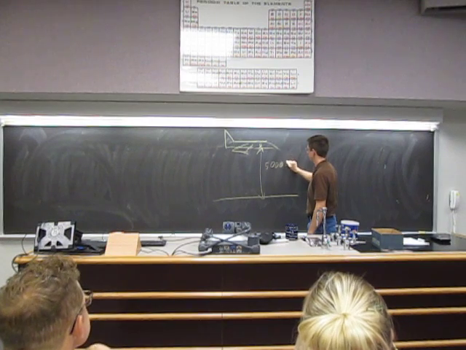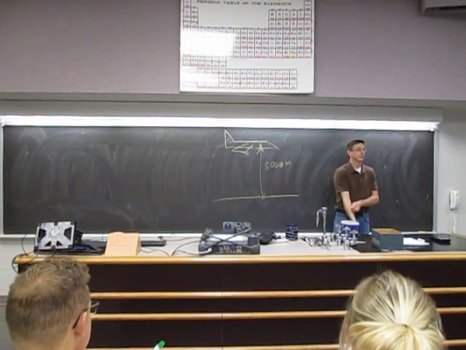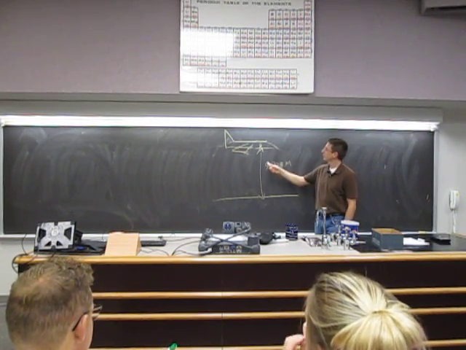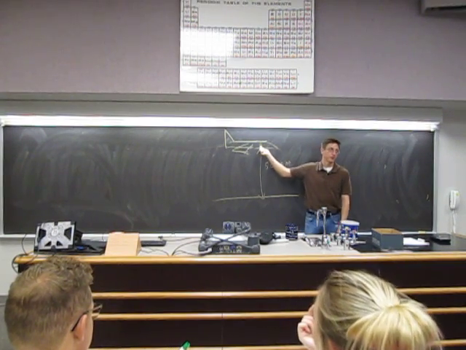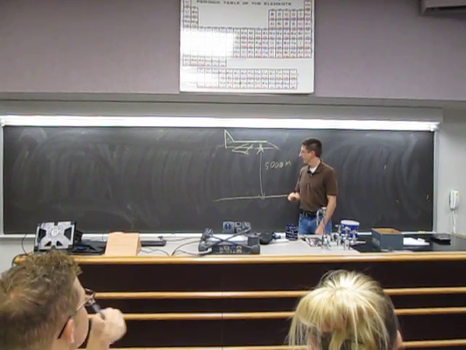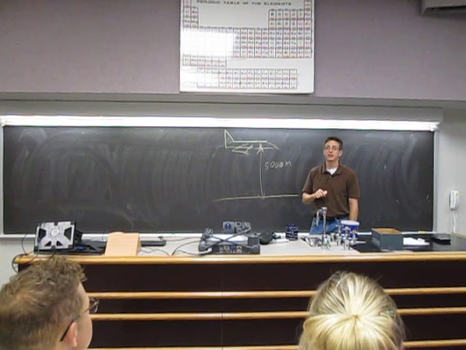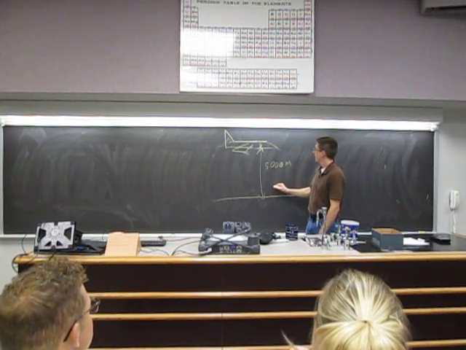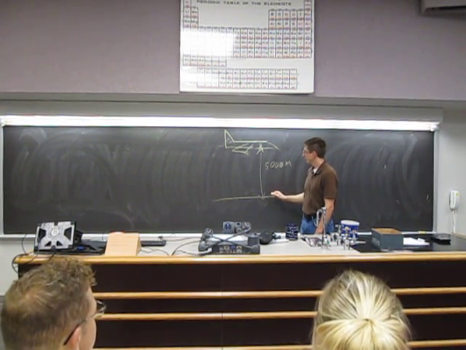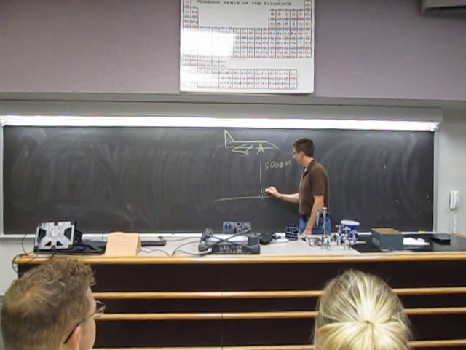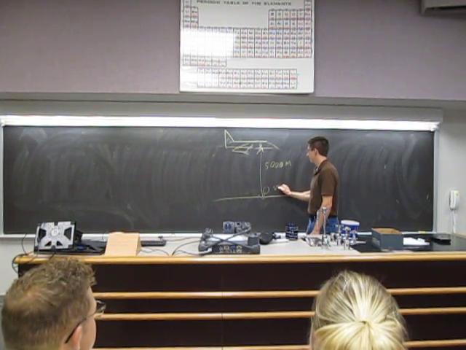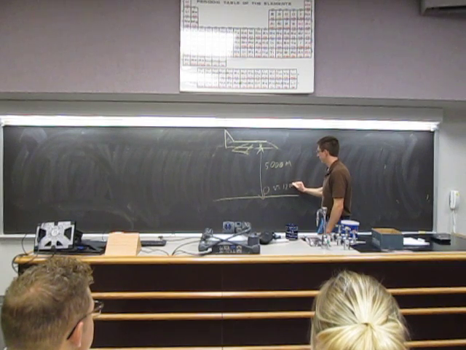Okay, so here's the problem. We have somebody jumping out of an airplane, hopefully with a parachute. And they're 5,000 meters above the ground to start out with. At the end, they are going with a speed of 12 meters per second.